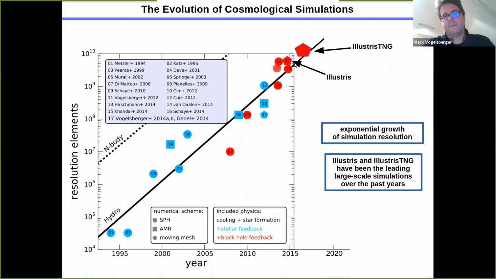So it's really quite rapidly evolving. I don't have the point for this MillenniumTNG simulation here, but that would also nicely follow that exponential trend. And as most of you might know, for the N-body simulations we have been in this multi-trillion particle regime for many years now. You cannot even see this here anymore, but this has also developed enormously.